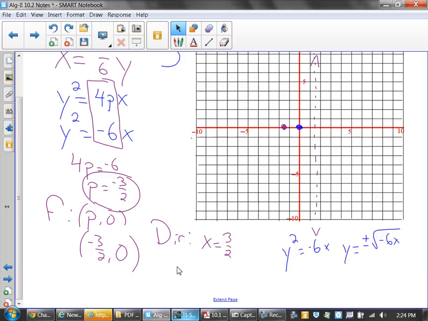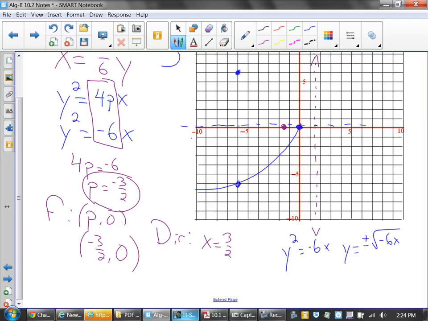So that means at negative 6, it's 6. And it's also going to be at negative 6. Remember, these guys are symmetrical about the axis of symmetry. In this case, it is y equals 0. So now I know how wide my curve is. That's all we got to do.